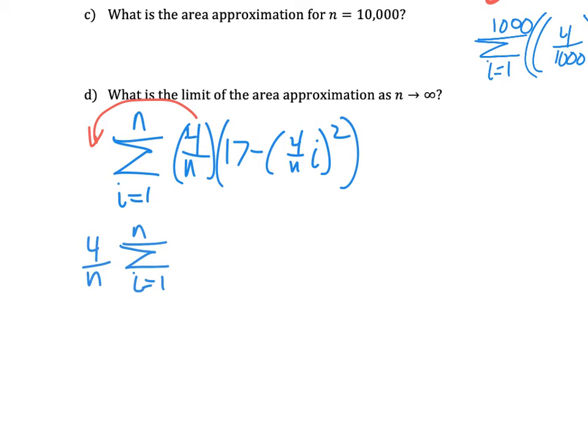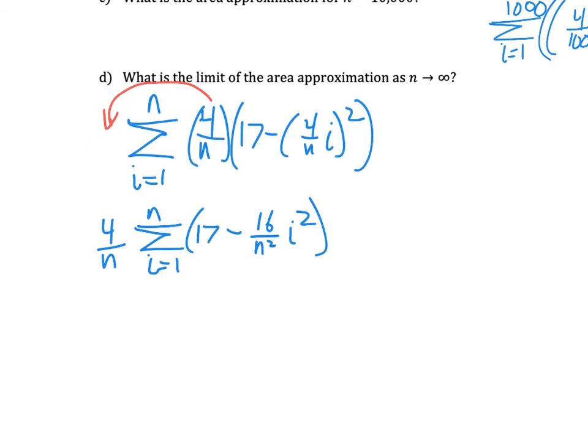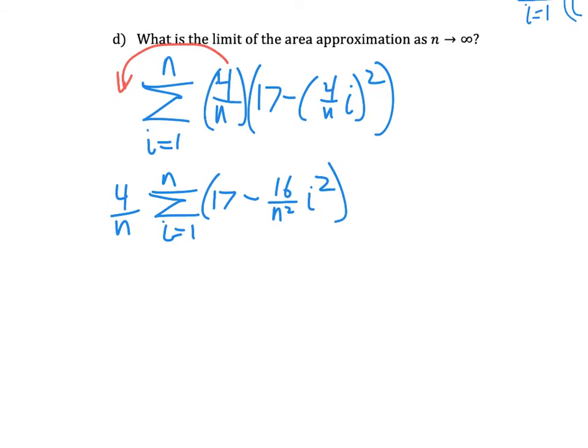Then let's clean this up inside. We have 17 minus, and let's make that 16 over n squared times i squared. Now, we can clean this up, well, we can evaluate, I should say, by taking the sum of both of these here.